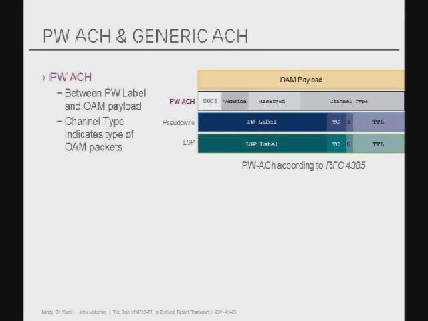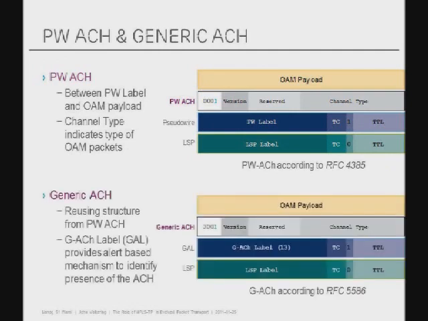So in this particular case, because it's not a control word, it's not a normal pseudo-wire service payload, but it's an associated channel for the pseudo-wire, the first nibble is not 4 zeros, but it's 3 zeros and a 1. That basically identifies that the payload in that particular packet is an associated channel payload.